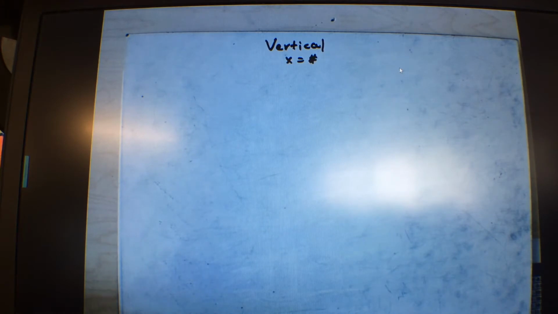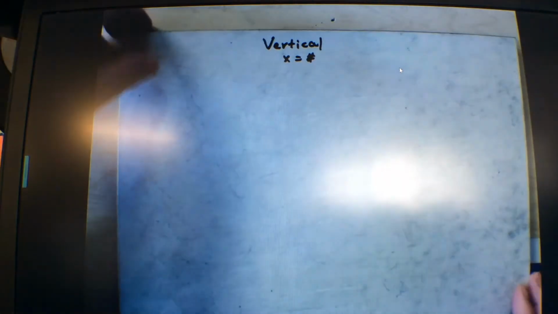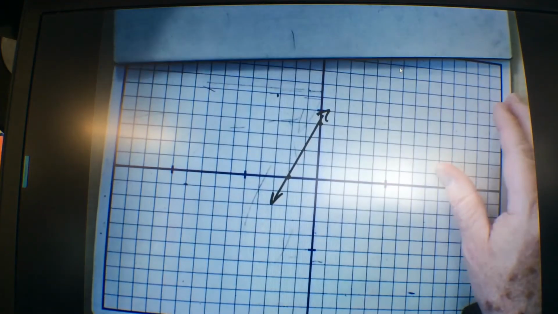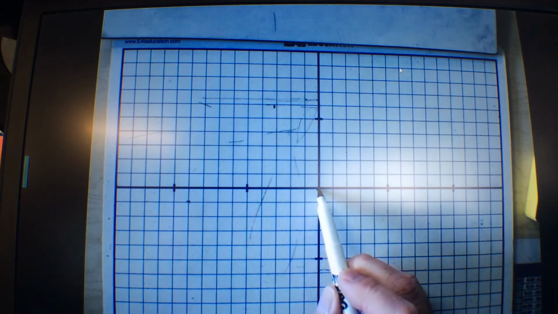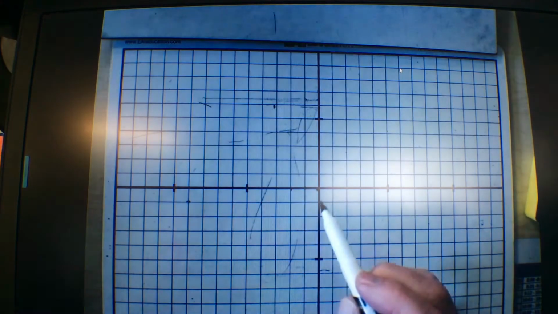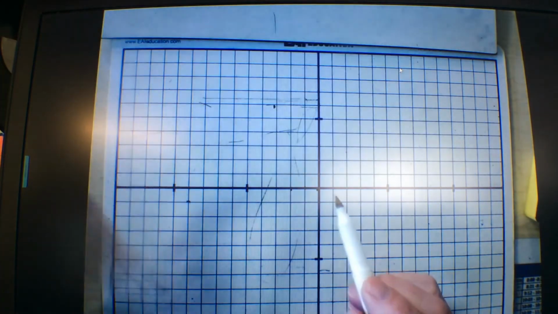Take a look at 29. What does it say? x equals negative 2. What kind of line is that? It's a vertical line. How do I make a vertical line at x equals negative 2? I start here. I go 1, 2. And I make a vertical line.